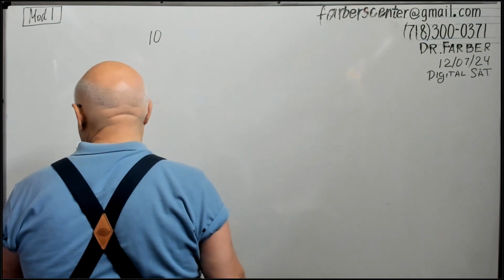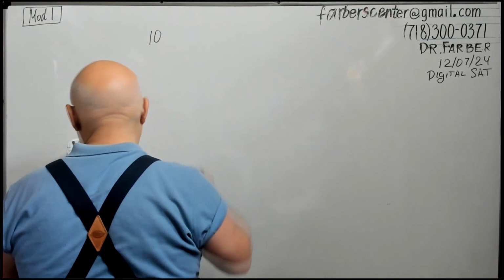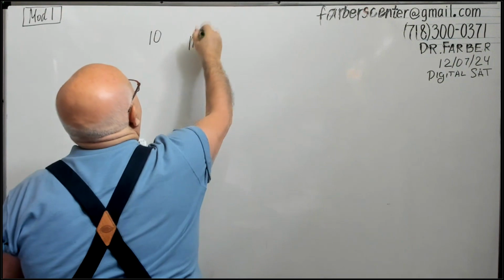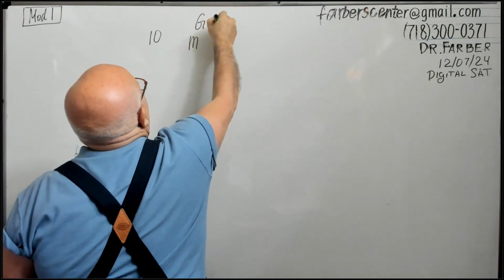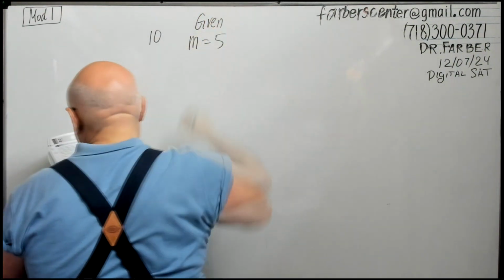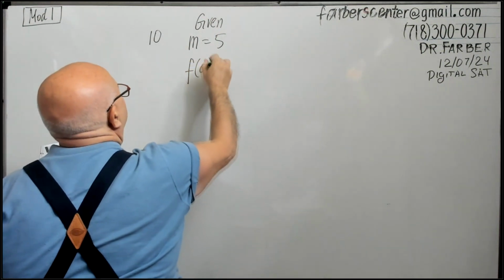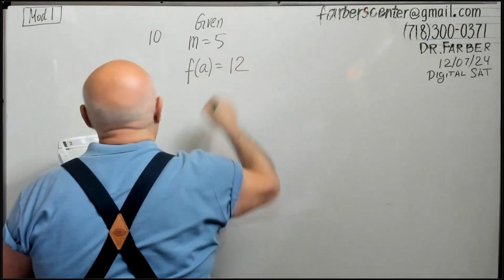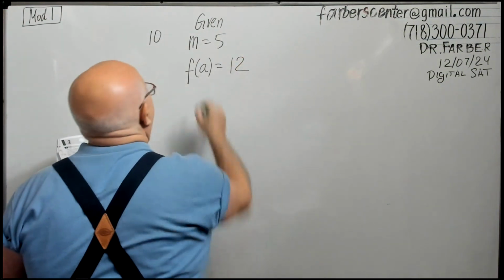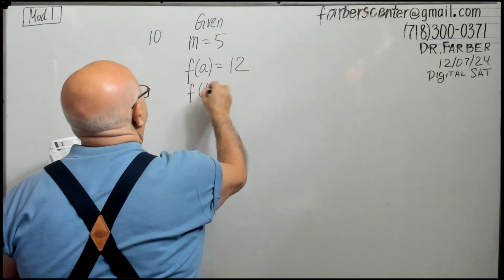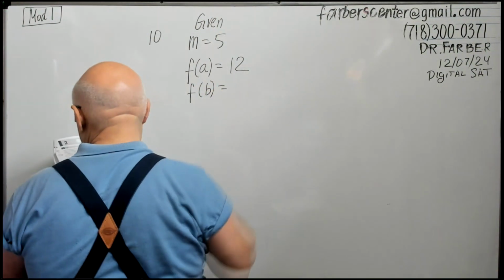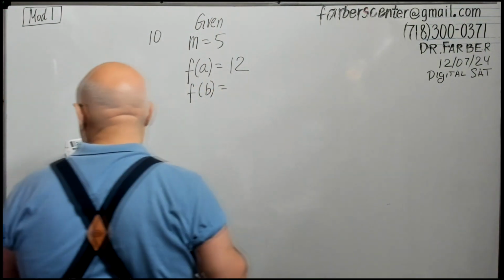F prime, slope equals 5. Given. What else? F of a equals 12. F of b equals 74.